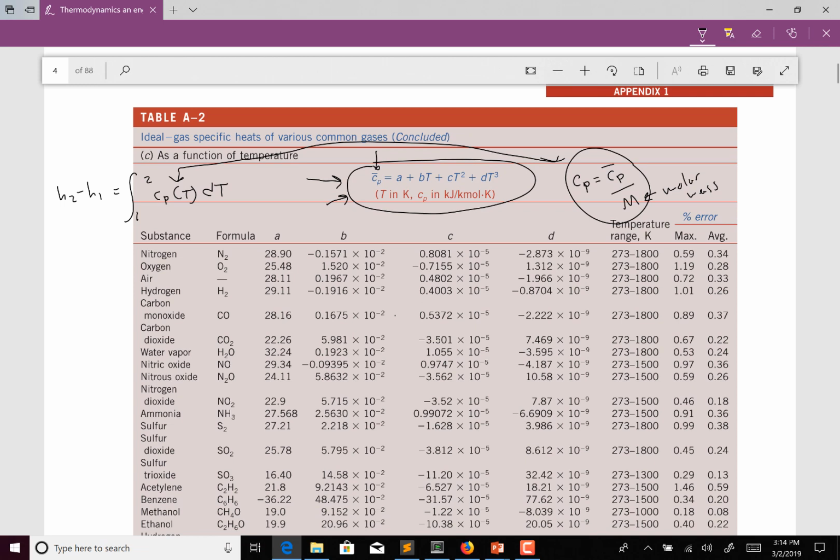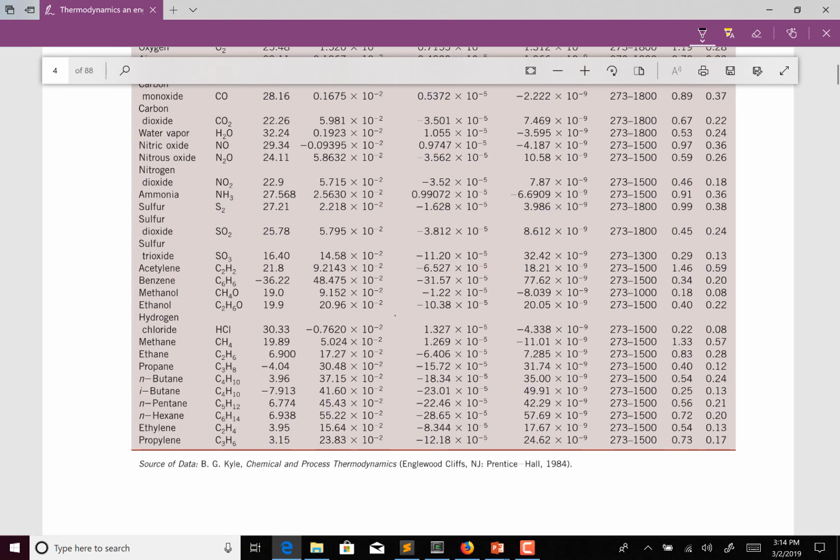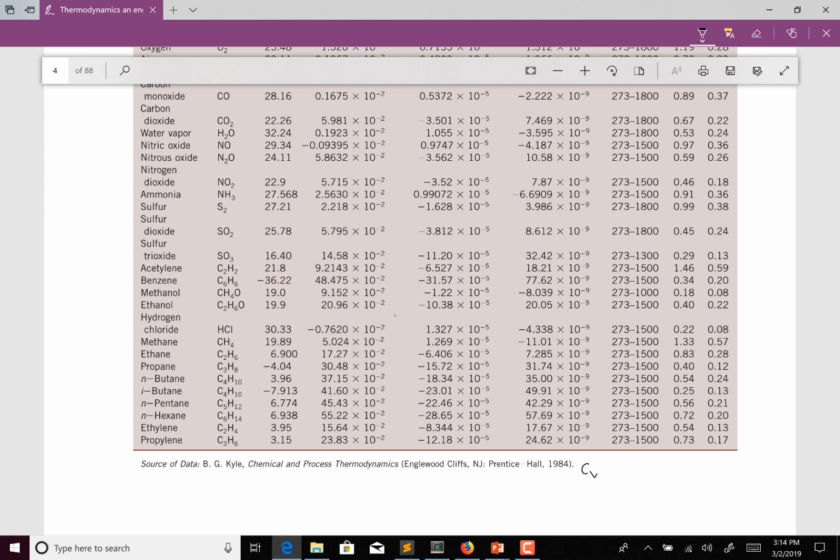This is table A-2C, and we're looking for C sub V. This table only has C sub P, but we can get C sub V because we know that C sub V of T is equal to C sub P of T minus the universal gas constant.